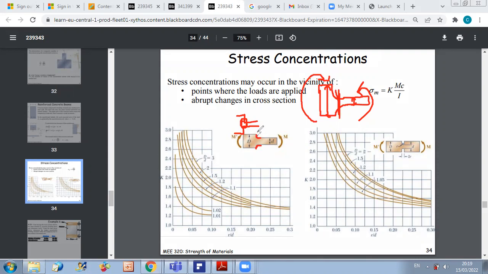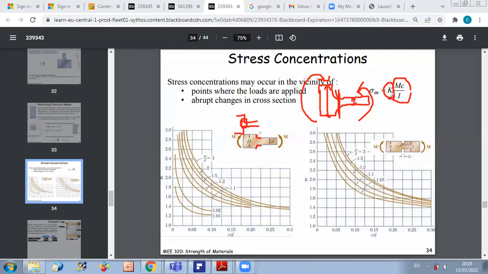The smoother the transition, the lower the stress concentration will be, and K will be reduced. This is why, in general, we do experimental work to determine by which factor the stress calculated according to the formula MC over I is multiplied.